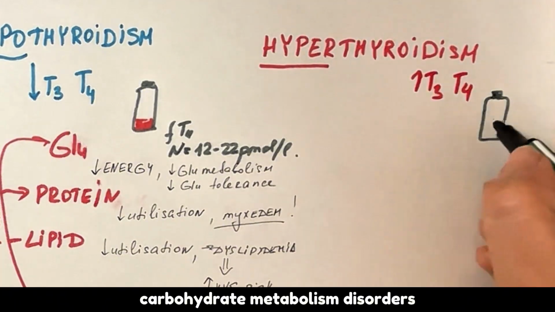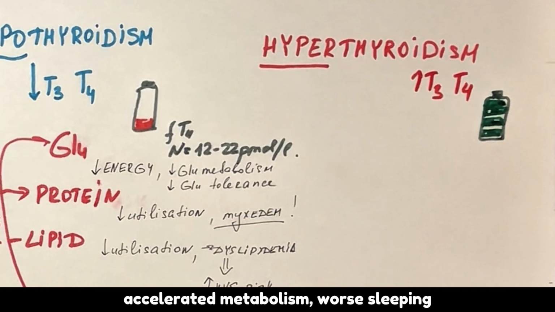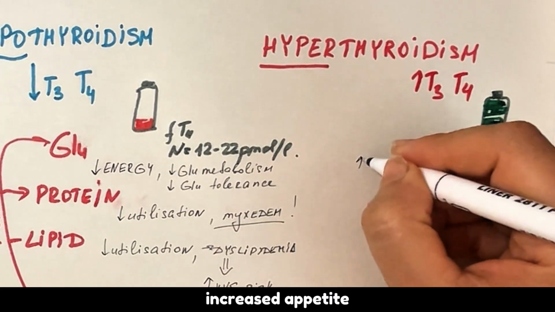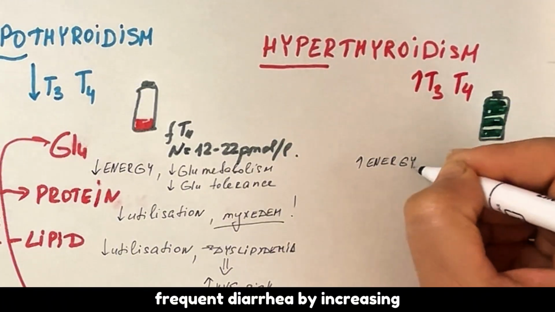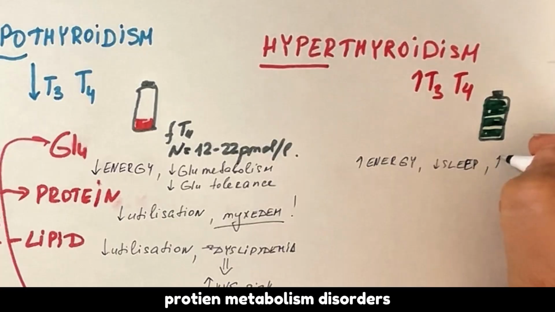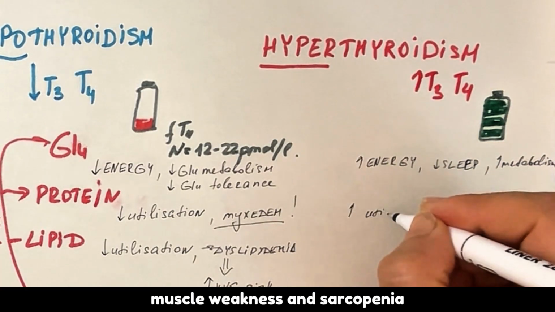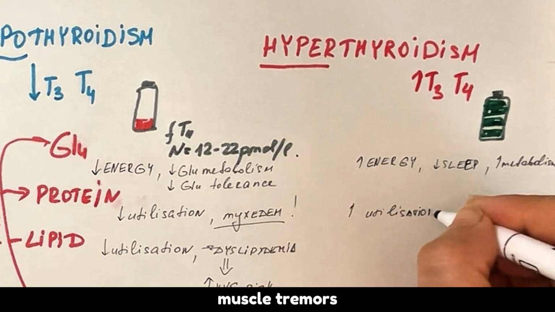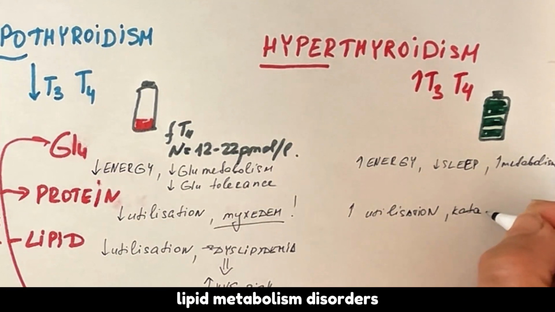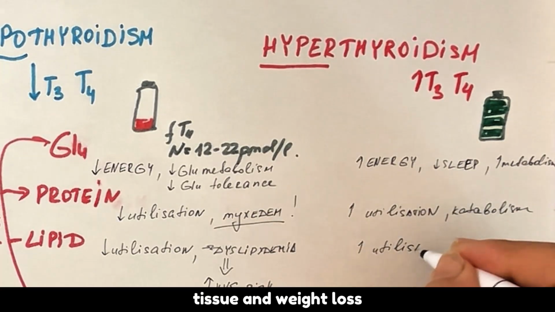Carbohydrate metabolism disorders are increased gluconeogenesis, accelerated metabolism, worse sleeping, increased appetite, and frequent diarrhea from increased intestinal peristalsis. Protein metabolism disorders are high utilization, muscle weakness, sarcopenia, and muscle tremors. Lipid metabolism disorders are high utilization and loss of adipose tissue, and weight loss.